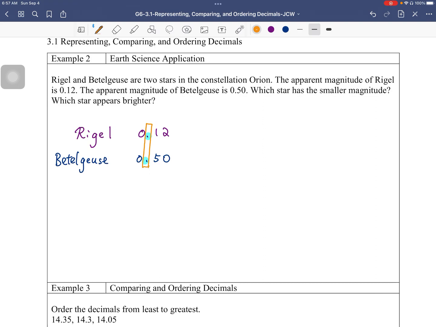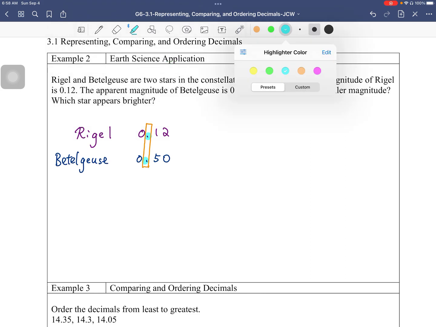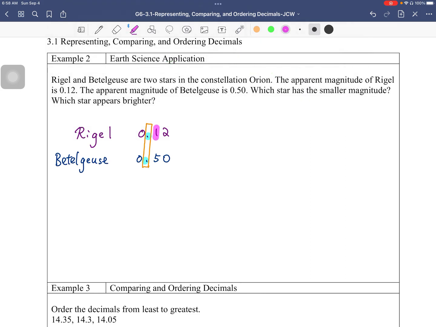When we compare, we line up the decimal points and start from the left and then compare the digits, and then we look for the first place where it is different. It's here. So 1 and 5, 1 is less than 5.